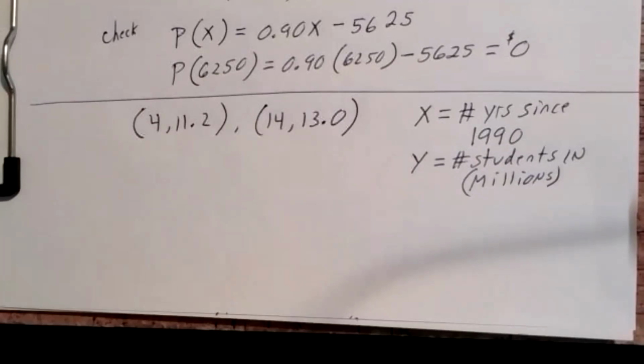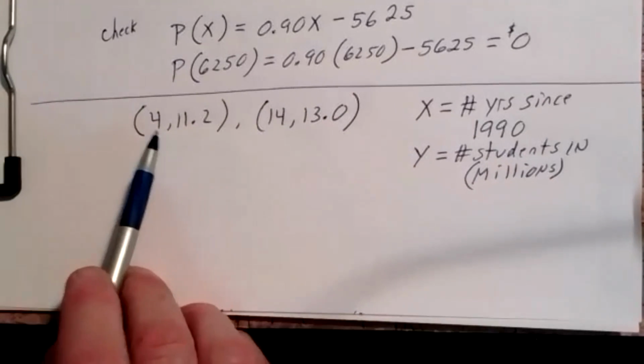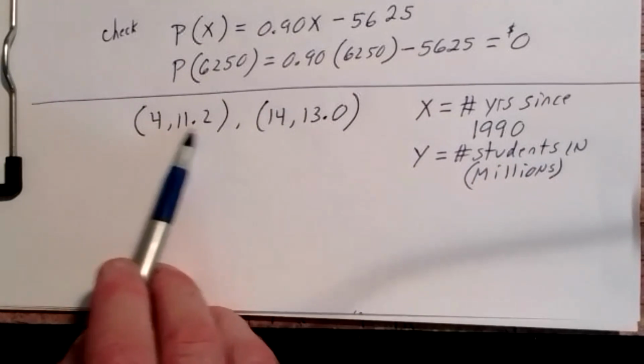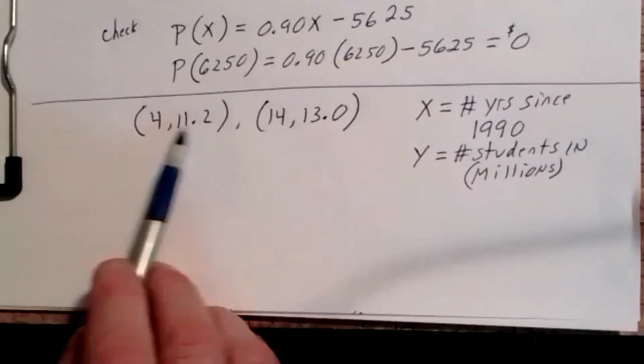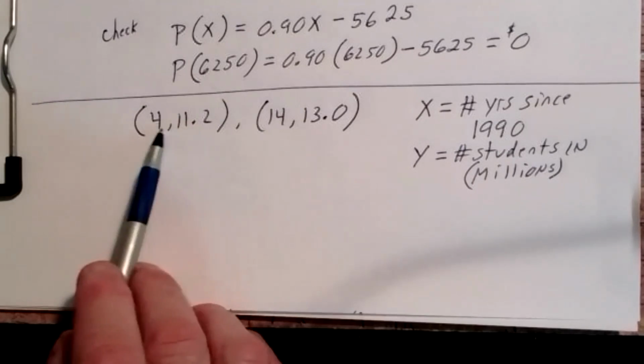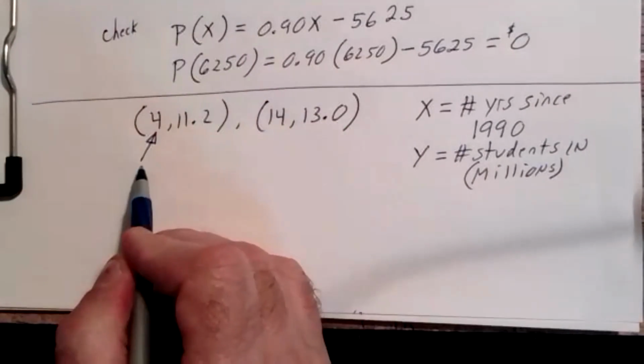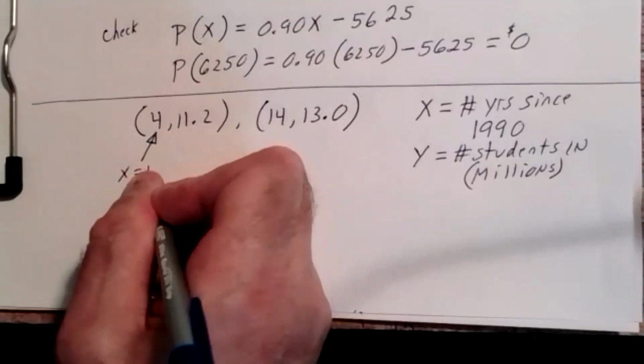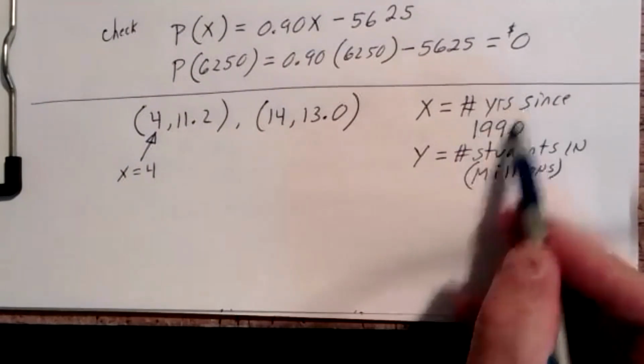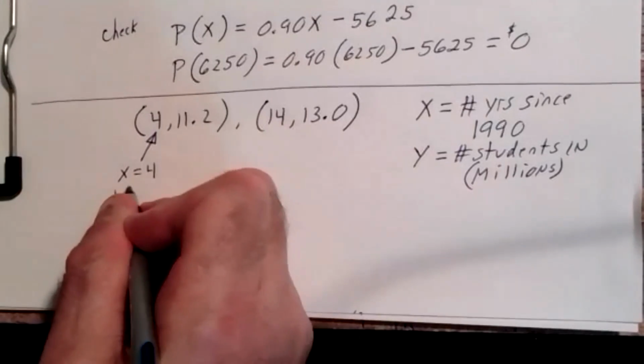So, ladies and gentlemen, now that we know what X and Y represent, can somebody interpret for me what this point is saying? What's this ordered pair saying? How do we interpret it? 4 years and 11.2 million students. If X is equal to 4, what year is that? 4 years after 1990. This is 1994.